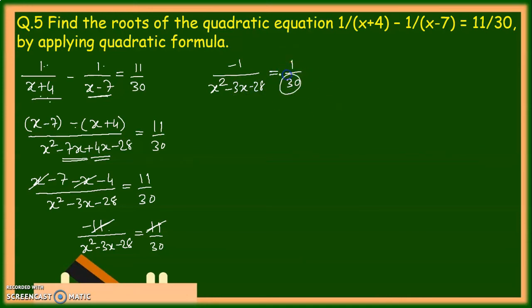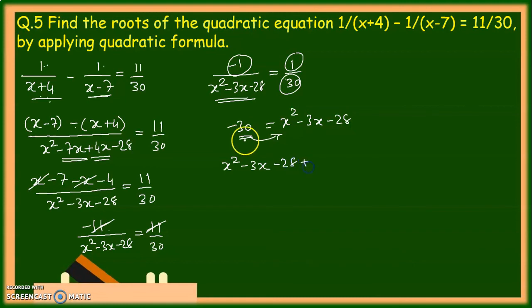Now multiply this 30 with minus 1, so we get minus 30, and multiply x square minus 3x minus 28 with this one, so it will be x square minus 3x minus 28. If you take this minus 30 to this side, we will get x square minus 3x minus 28, this minus 30 becomes plus 30, equal to 0. So on simplification we get x square minus 3x plus 2 equal to 0.